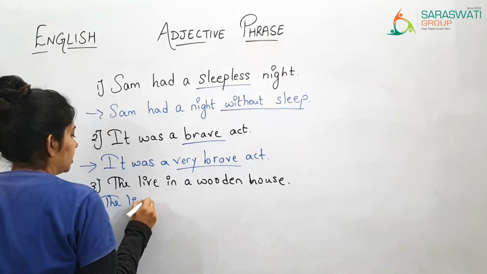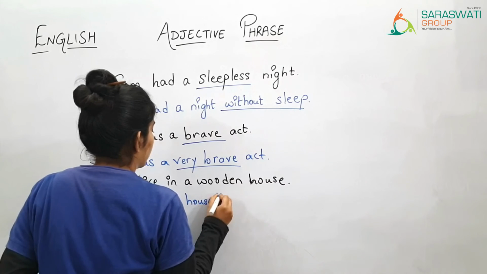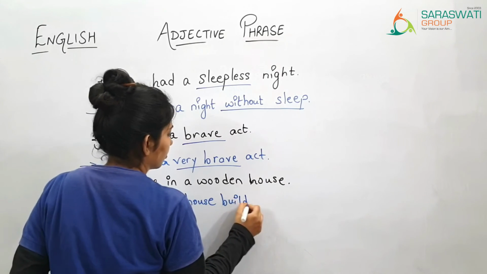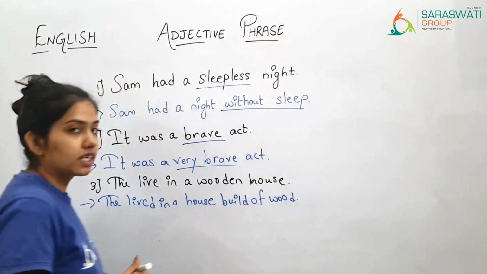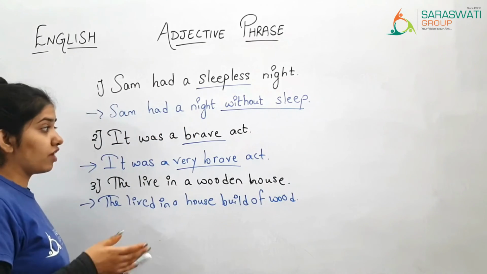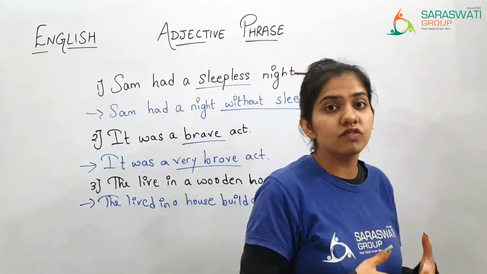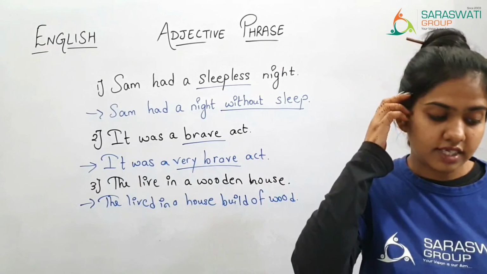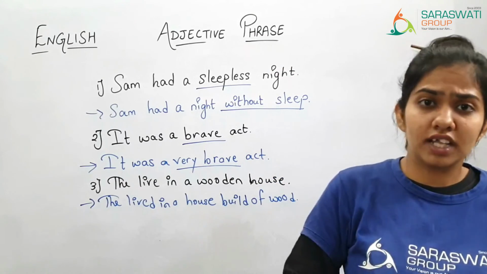They lived in a house built of wood, right? So in this way you are supposed to replace the words with an adjective phrase कि आपको थोड़ा घुमा के लिखना है भाई, सेंटेंस सेम मीनिंग के साथ थोड़ा घुमा के लिखना है.